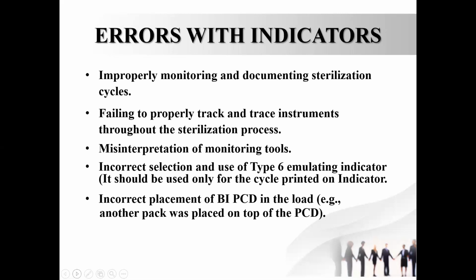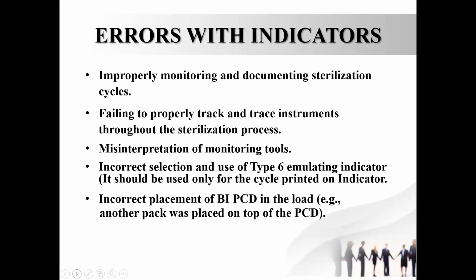If two cycles are printed, you can use any one of those two cycles. You cannot have a different cycle in your sterilizer and a different one on the indicator and use that type 6. Okay, type 5 can be used for any cycle. Type 6 is called cycle specific.